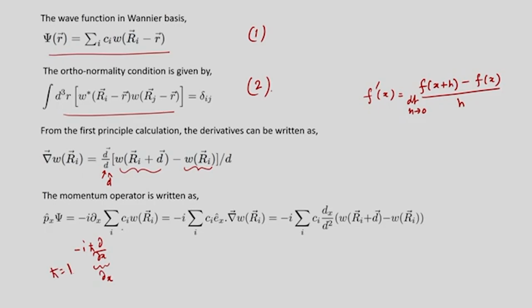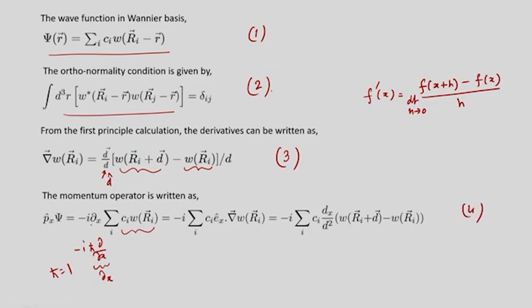This is equal to the sum of c_i and W(R_i), where c_i is an operator at the site i, and that is the Wannier function. So this can be written as minus i, and now you apply the gradient operator just from this equation 3. Let us call that equation 4.